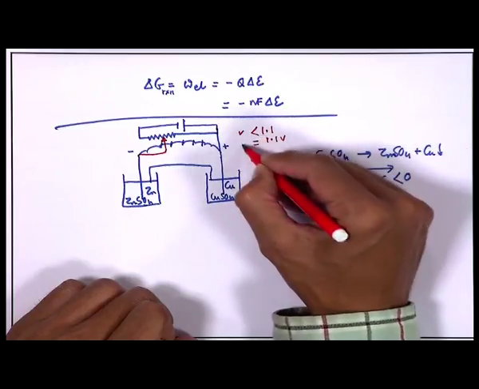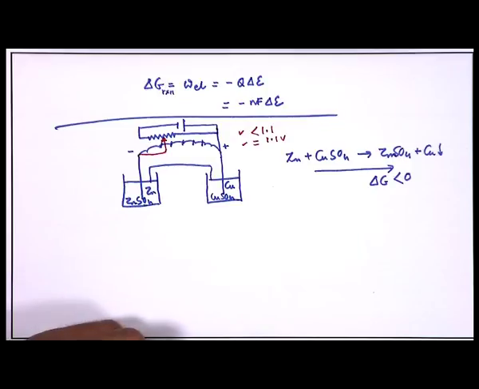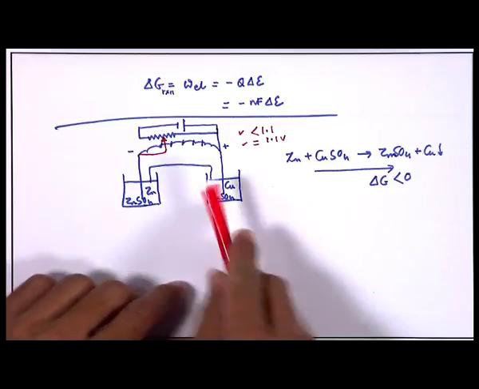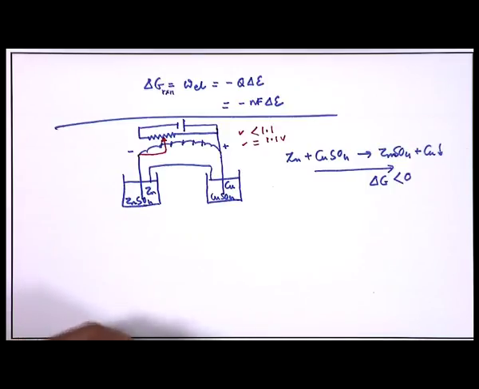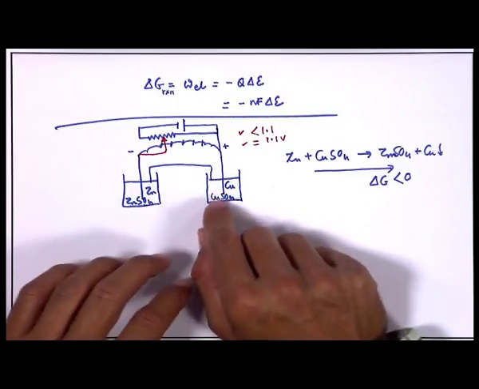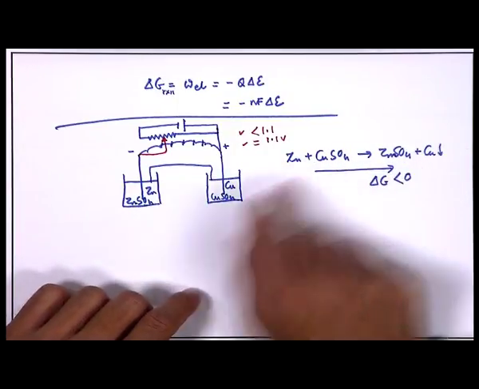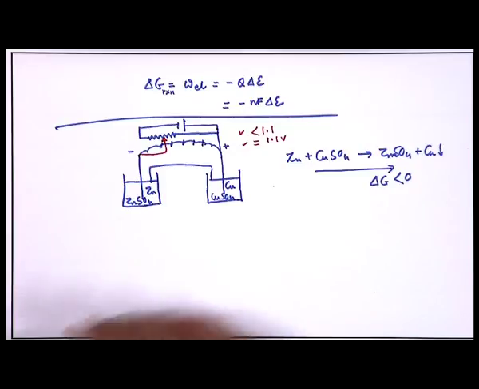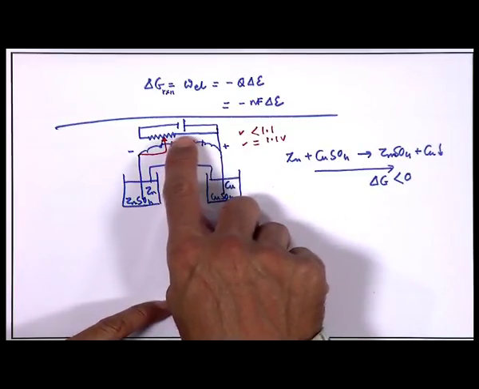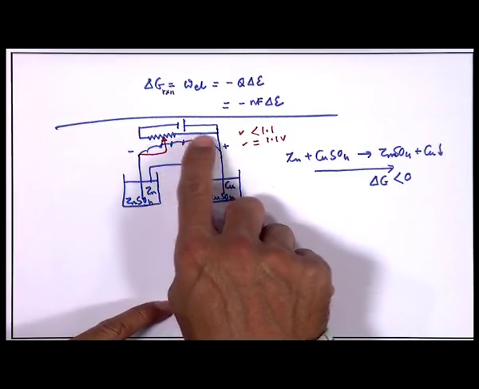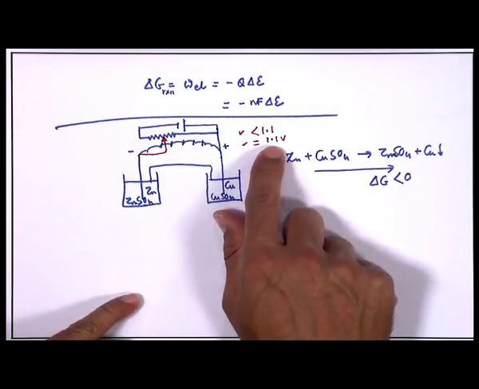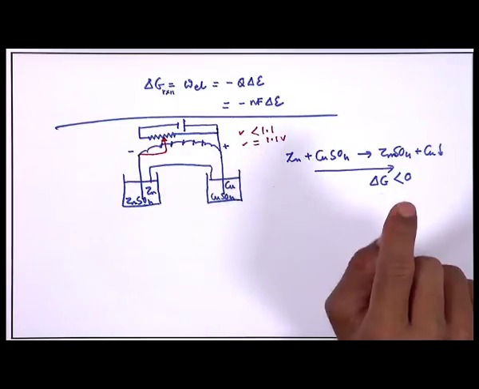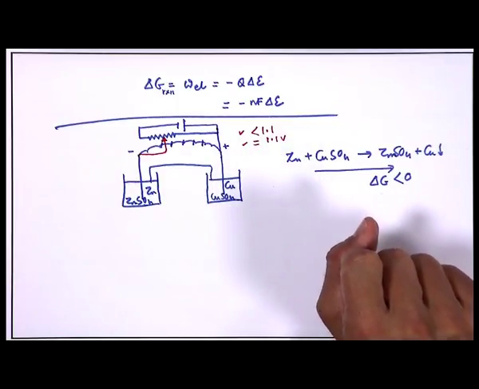These are the two situations. If it is less than 1.1 volt, that means the external electrical potential is less than this, so the normal reaction will take place. If the external potential difference is equal to 1.1 volt, then no reaction is taking place.